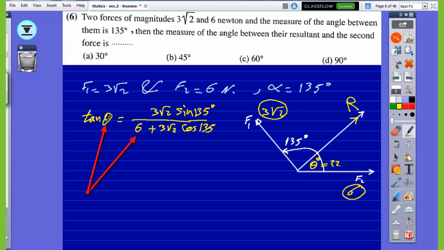Always theta is connected with the force written here. There is a connection between them. Theta is the angle included between the resultant and the force of magnitude 6. And you calculated tan theta equals, you can use calculator here.